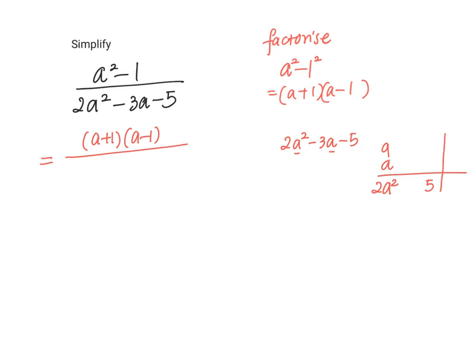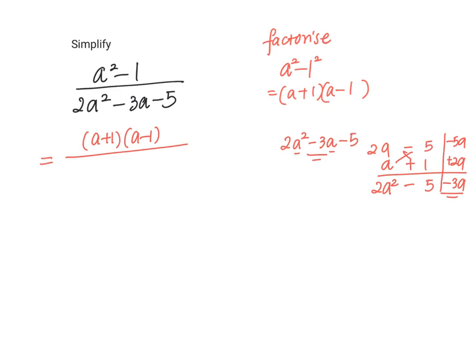So I get 5 over 2 positive, so this one becomes negative. The second answer is minus 1, so this will be plus 1. Let's check. Negative 5a, positive 2a, I get negative 3a. This is correct. And then the positive times negative gives negative 5.